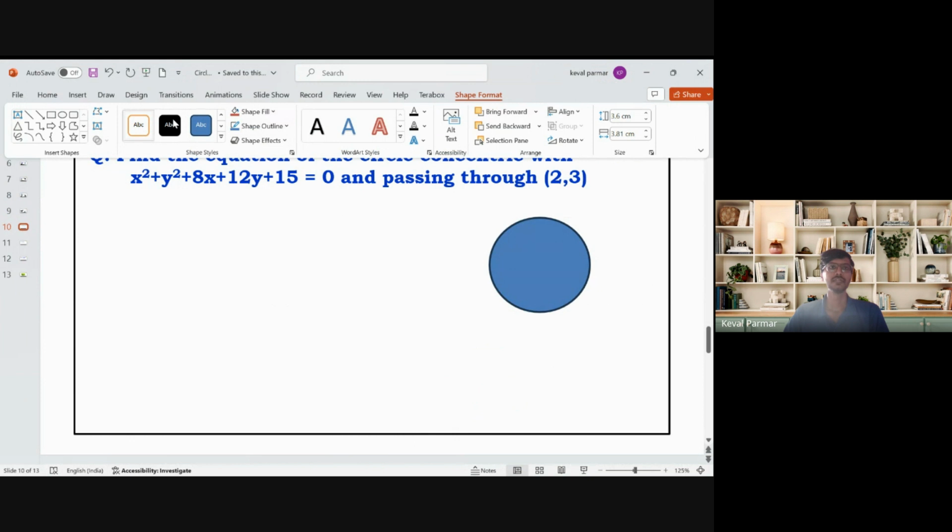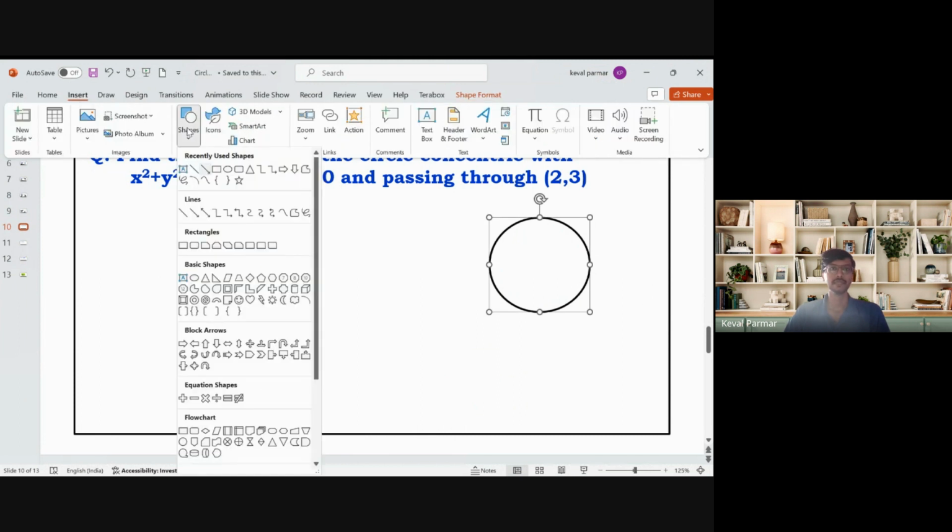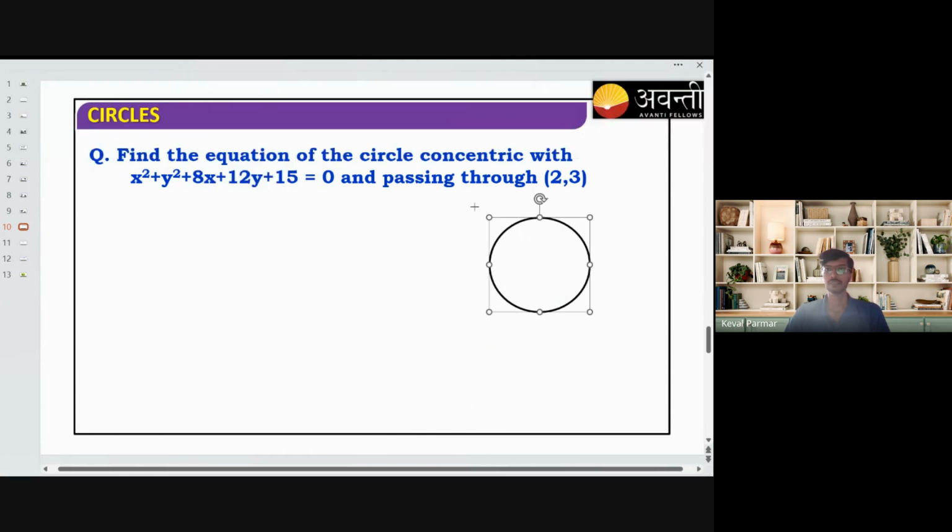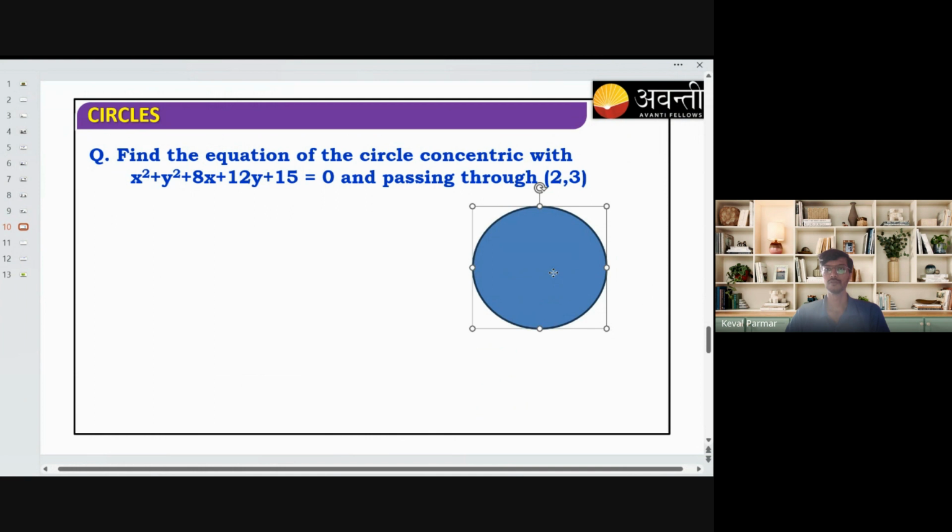Correct? So let's say, suppose this is one of the circles. And again, I'll draw another circle, which is concentric. What do you mean by concentric?